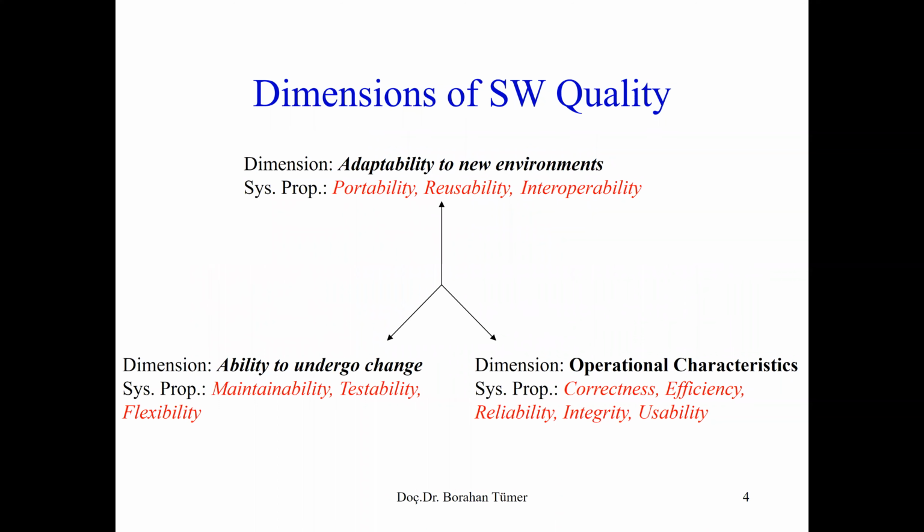Now let's come to the dimensions of the software quality. This is an important slide here. It defines 3 dimensions of the software quality concept. The dimensions are adaptability to new environments, the ability to undergo change, and the operational characteristics of the software.